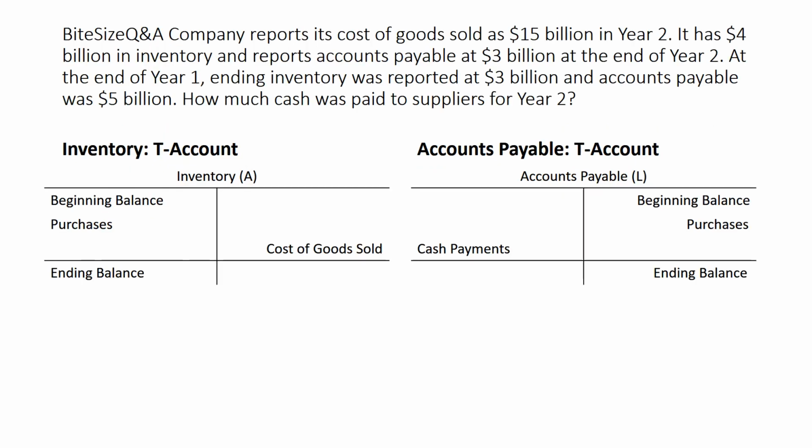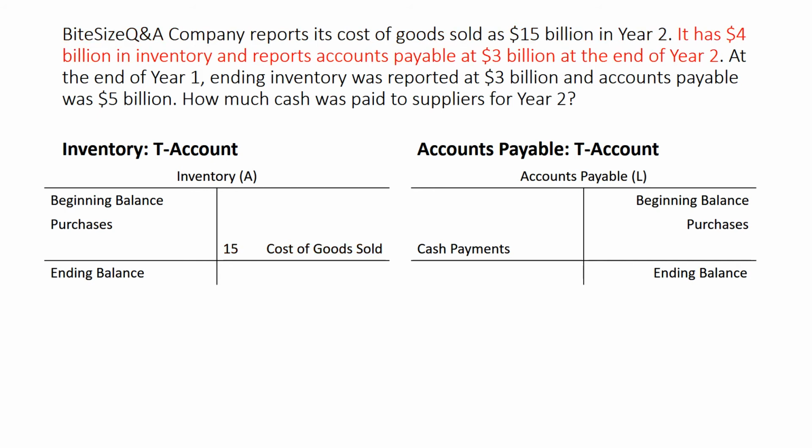Let's use our inventory and accounts payable T accounts and work them one by one. First, BiteSizeQ&A company reports its cost of goods sold as $15 billion in year 2. We notice that the cost of goods sold amount is found in our inventory T account, and we are given that it is $15 billion.